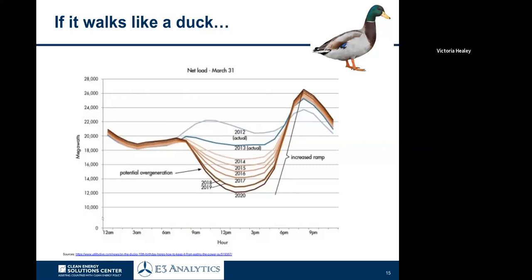And you can see here they started looking forward and saying, well, what happens if solar continues to be scaled up? 2014 looks like this, 2015, 16, 17, 18, 19, and 2020 going down the curve.